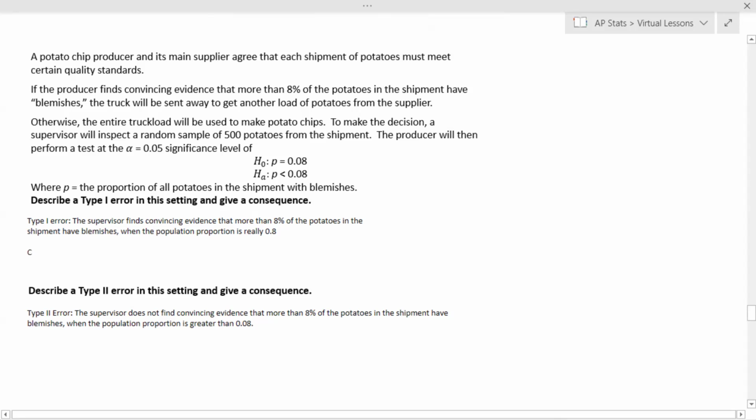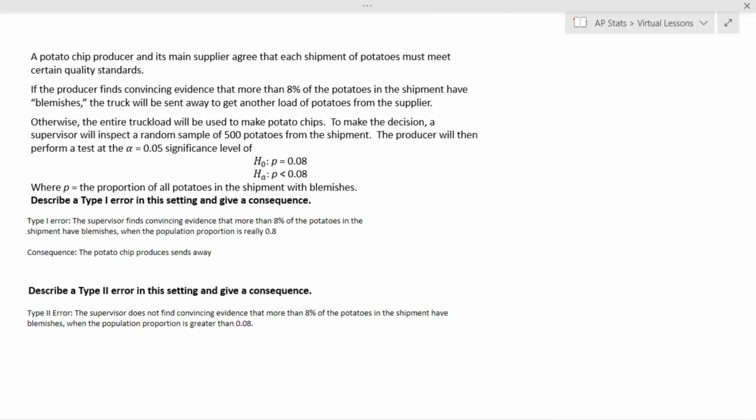Okay. So now a consequence in each situation. The consequence for a type 1 error: the potato chip producer sends away the truckload of acceptable potatoes, wasting time and depriving the supplier of money.